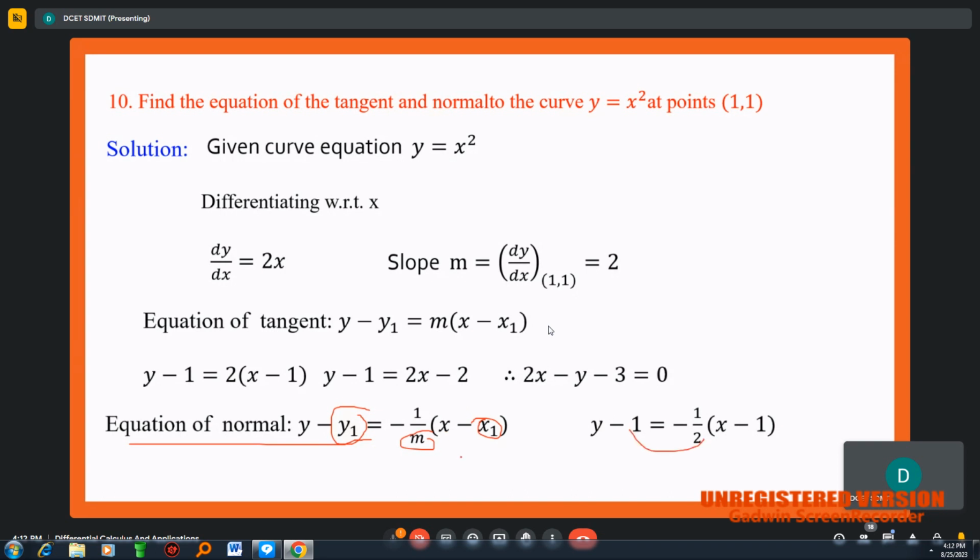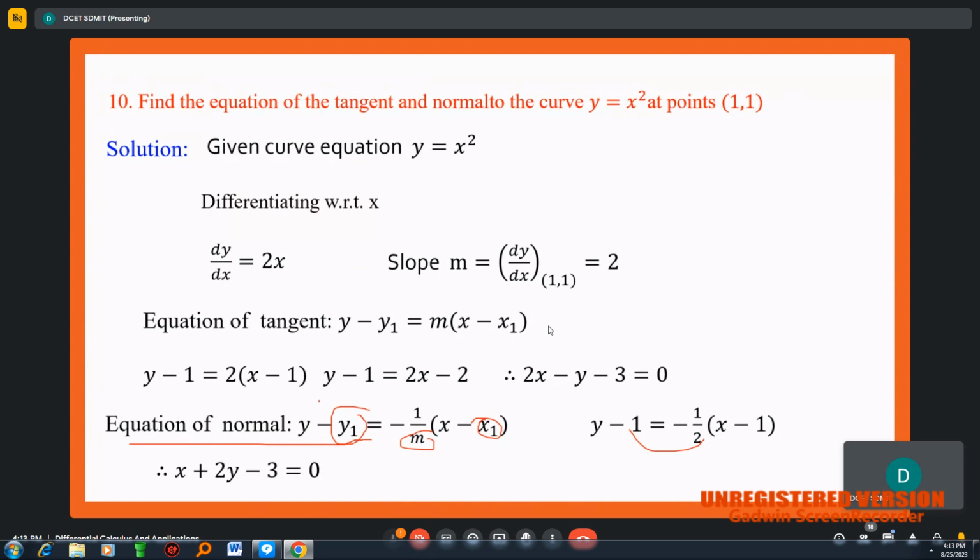This 2 is taking this side. After that we have to simplify: 2y minus 2 is equal to minus x plus 1. We are getting x plus 2y minus 3 equal to 0. This is the equation of the normal to the given curve.